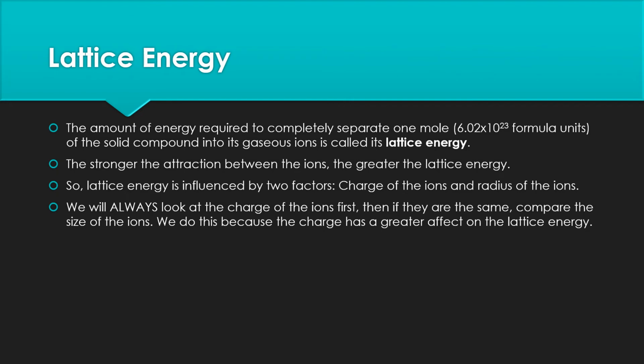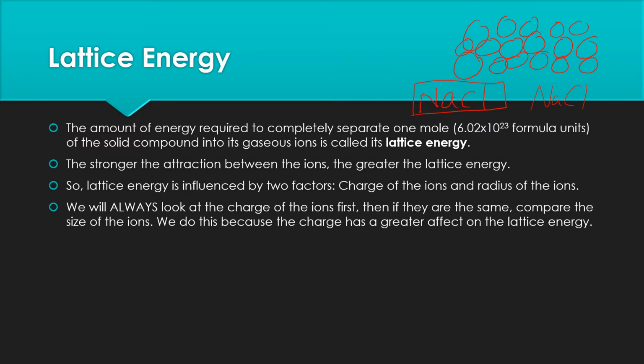So really, we're taking that crystal lattice, all those little positives and negatives that are all attracted to each other in that 3D structure, and we want to separate all of them into their individual ions. So we would have a mole of that formula unit. So if it was NaCl, we would have a mole of this thing. So that's a mole of sodiums attracted to a mole of chlorines. So that's really what we're measuring with lattice energy.